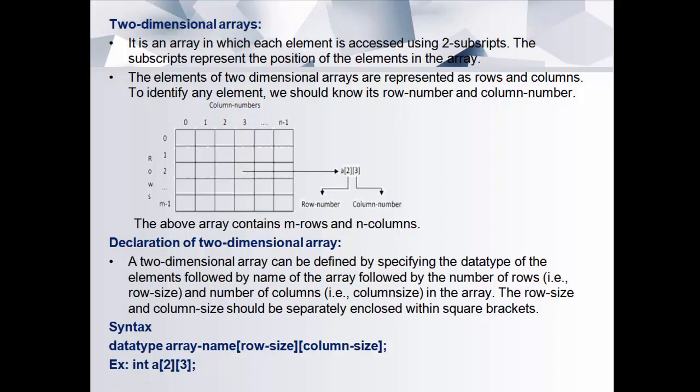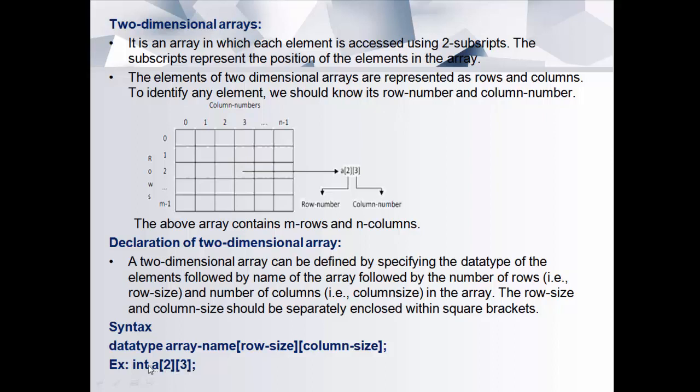So this is the general form of a two-dimensional array: data type, array name, row size and column size. Take an example: int a of 2 and 3.